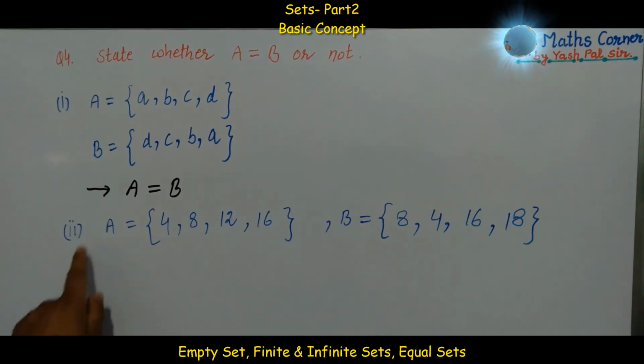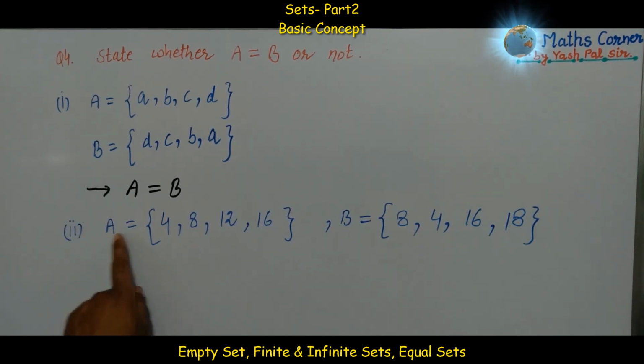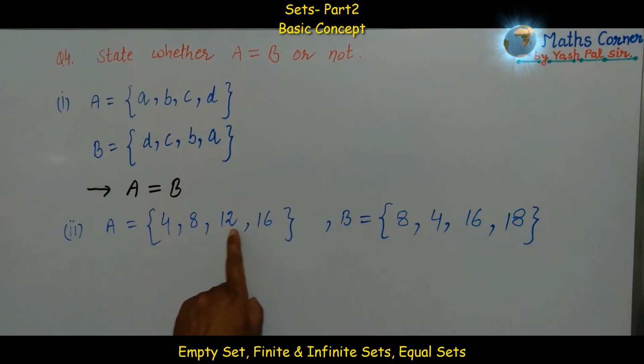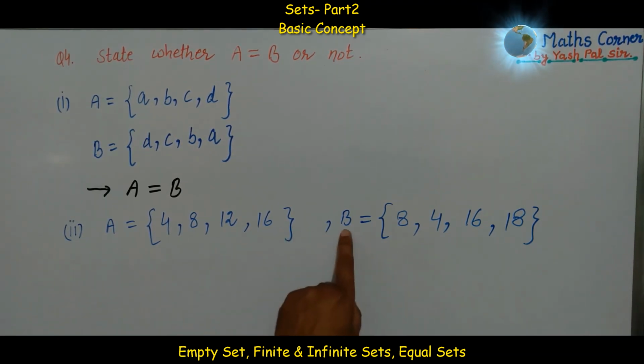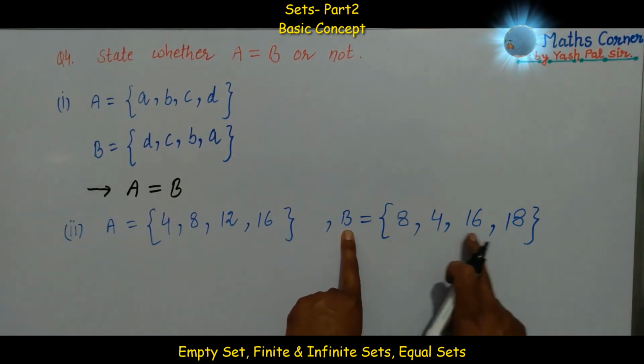The next part is, set A has the elements 4, 8, 12, 16, whereas set B has the elements 8, 4, 16, 18.